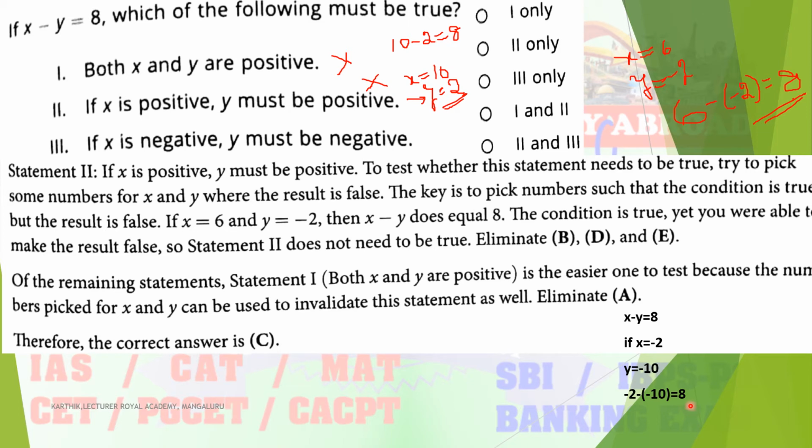So I will choose x is equal to minus 2, y is equal to minus 10. If you choose x value negative, then y value must be negative only, then only you will get the answer 8. Why? Because minus into minus is plus. So this statement is correct.